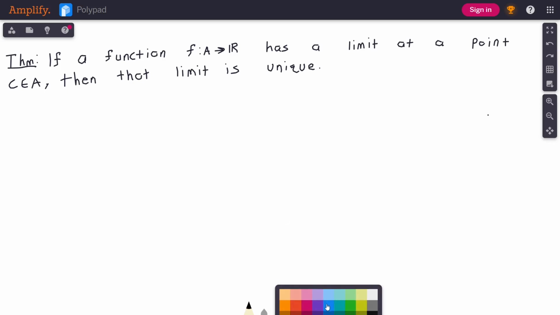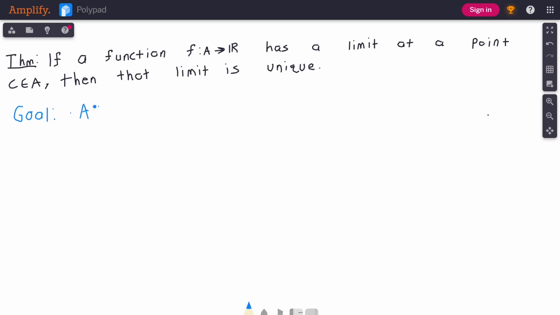Our main tool is that we're going to argue by contradiction. We're going to assume that this function has two limits, L and M, and then show that those limits are equal to each other. So we're going to argue by contradiction.